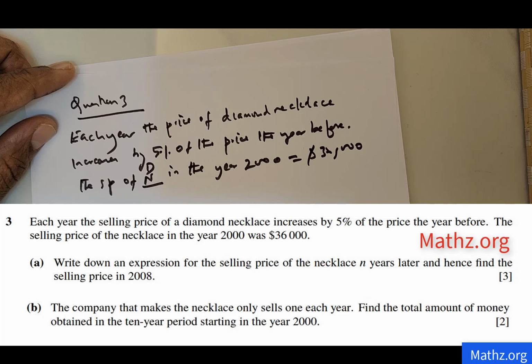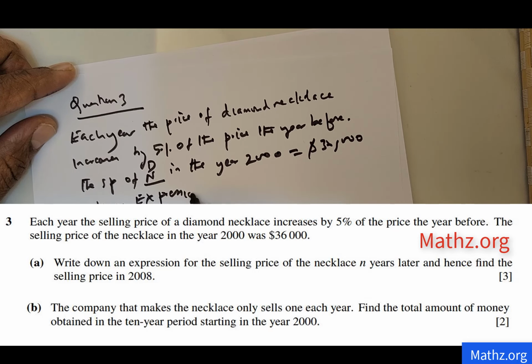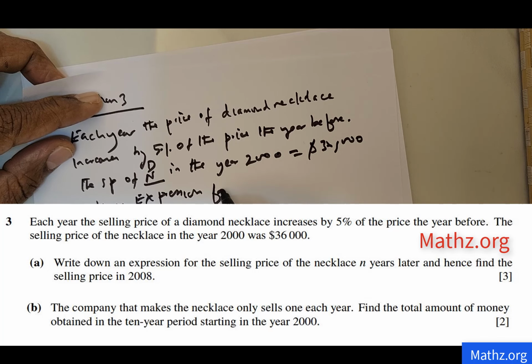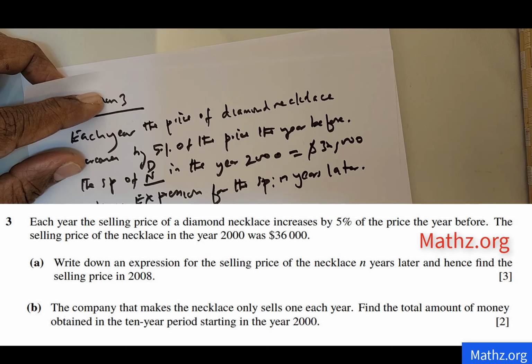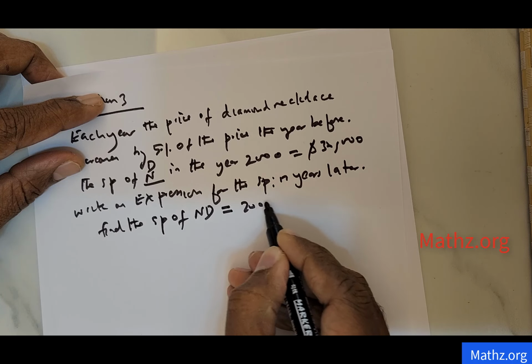They are asking us to write an expression for the selling price of the necklace n years later. So this is one part, and they are asking us to find the selling price of the necklace for the year 2008.